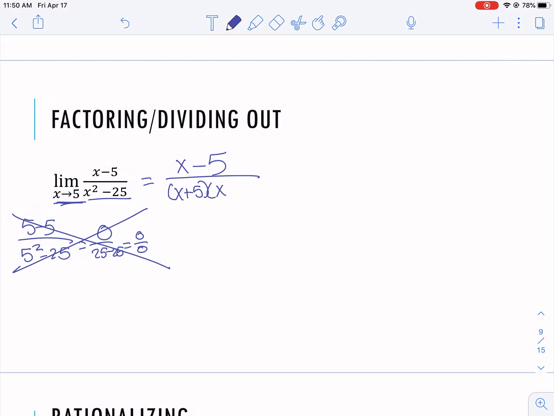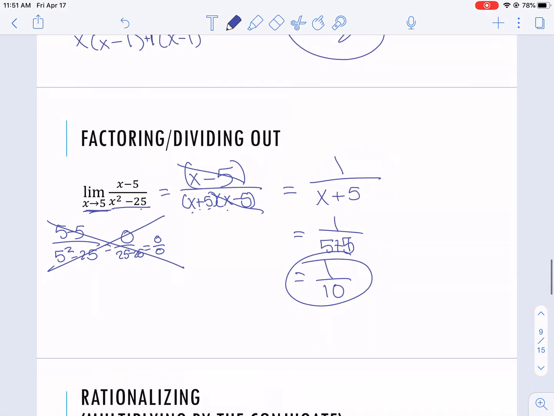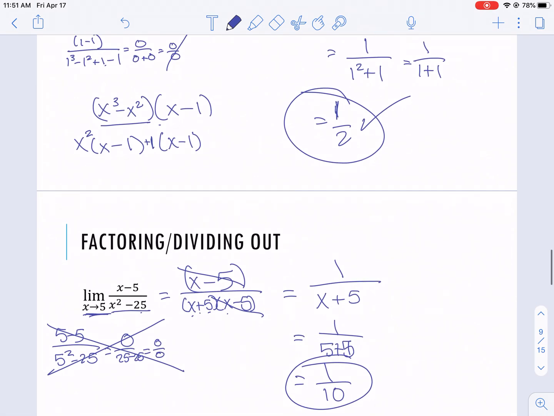So remember, you just take what's the square root of x squared, x and x, what's the square root of 25, 5 and 5, and since it's a difference, one's plus, one's minus, x minus 5 is in both of those. So I now have 1 over x plus 5. We're going to plug 5 in. 5 plus 5. So I get 1/10 is the limit. Okay? So that's factoring, and you're going to see a lot of that.